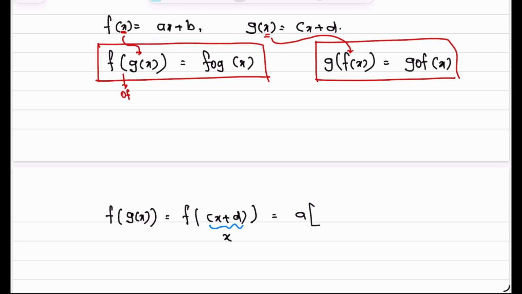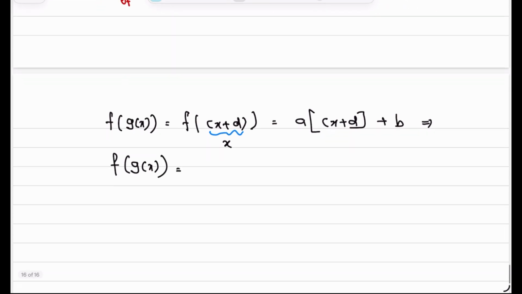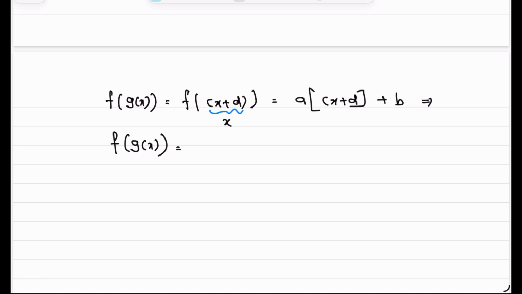A into this x replaced by cx plus d, plus b. That implies f of gx is equal to acx plus ad plus b.